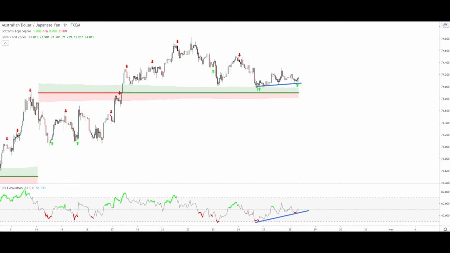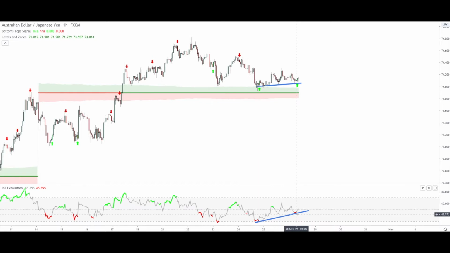But this is not enough to build the setup, so we need extra confirmation. And so we use three simple rules. The first rule is to have divergence between the price and the RSI. In this case, we kind of have divergence because the price is pretty much at the same level, while the RSI, as we were discussing, is moving way high.